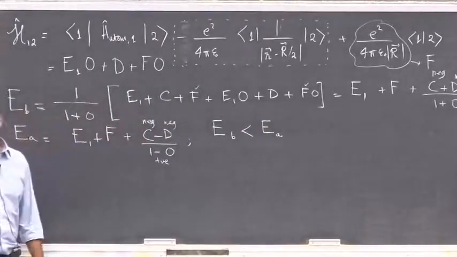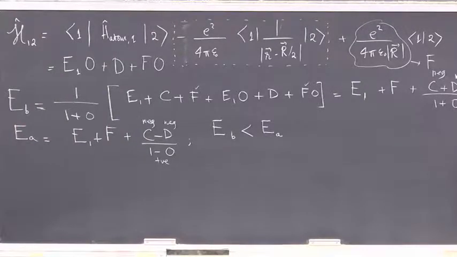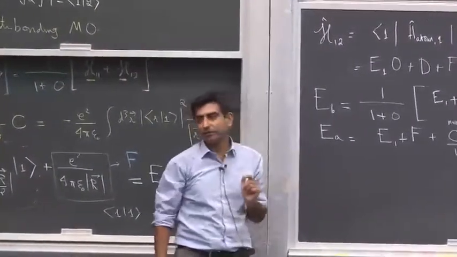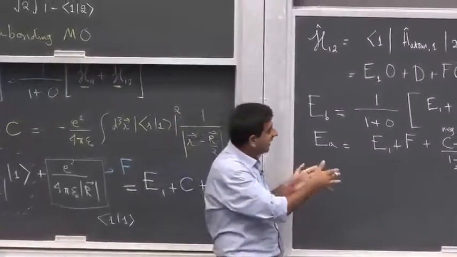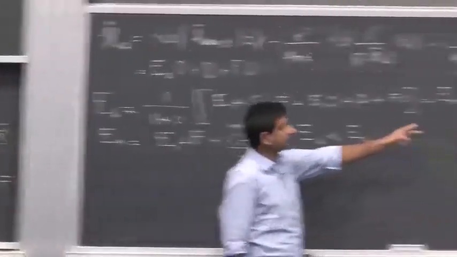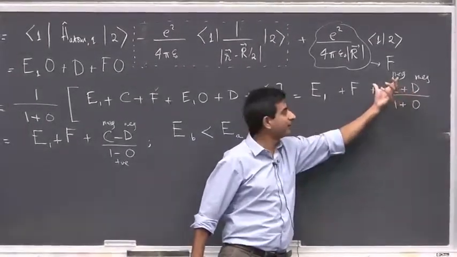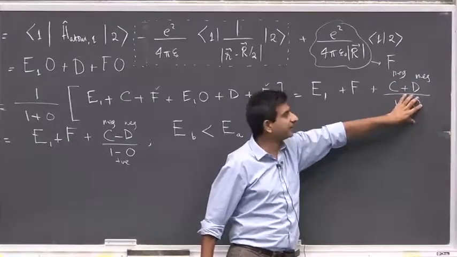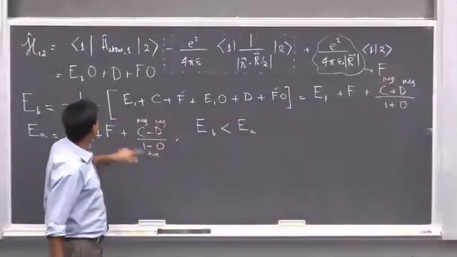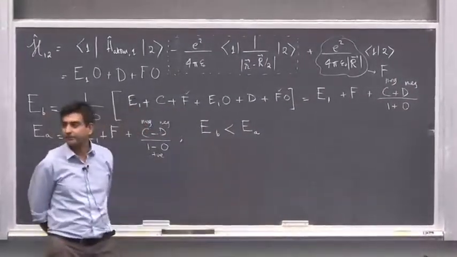Now how do you convince yourself of this? You would need to plug in the values for the atomic orbitals for the 1s state, and you can find out what these energies are going to be. This is question number 1 of your second homework. But it's clearly evident from the expression that EB is going to be less than EA, because you have negative terms here and they are being added. So you have more negative and a bigger denominator here, and less negative here. So EB is smaller than EA.